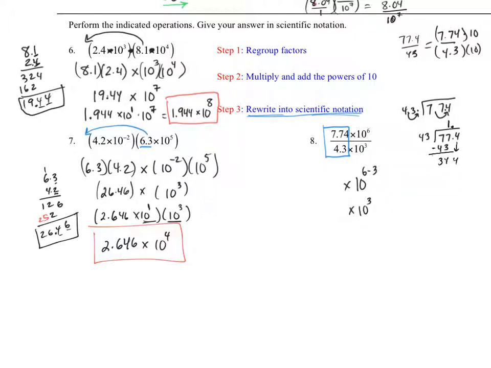I'm going to just see, maybe it goes in a few less than that. Let's try 8: 24, and 32, 34. Ooh, bingo, got it. All right, so it's going to go in 8 times with no remainder. All right, so my number here, when I divide those, was 1.8. So my final answer is 1.8 times 10 to the third power. And that's done.